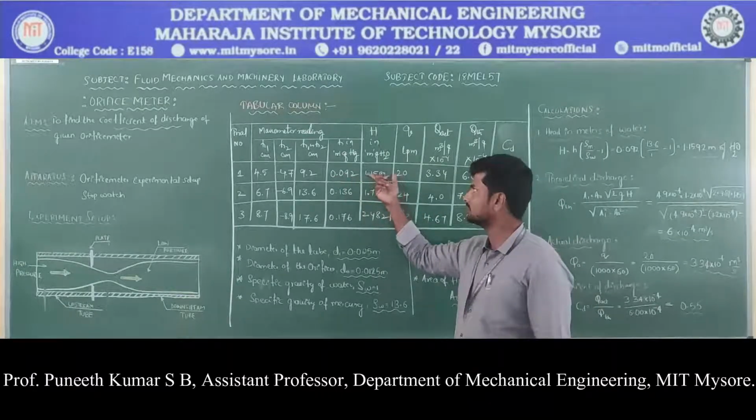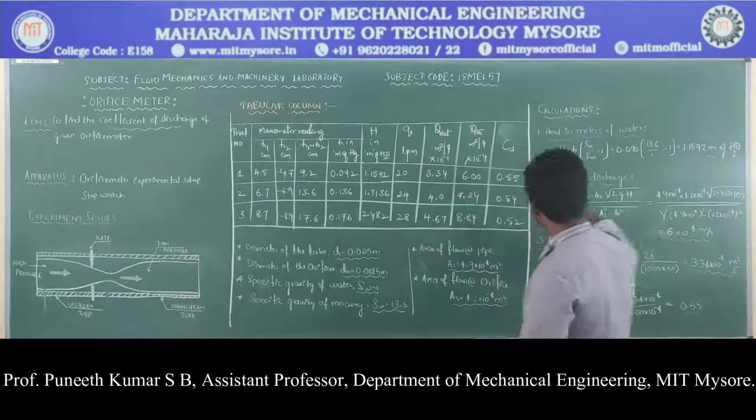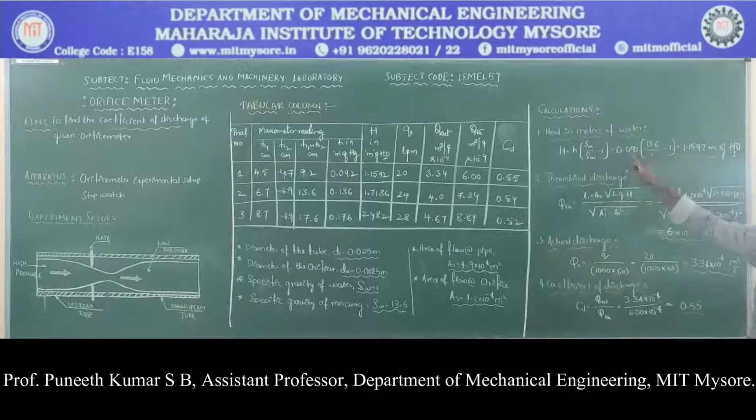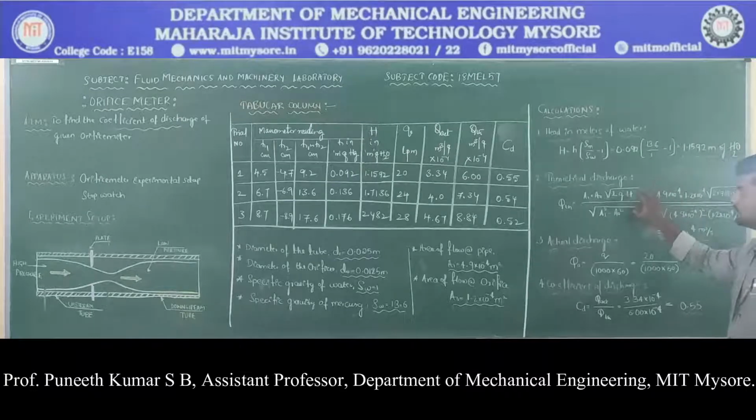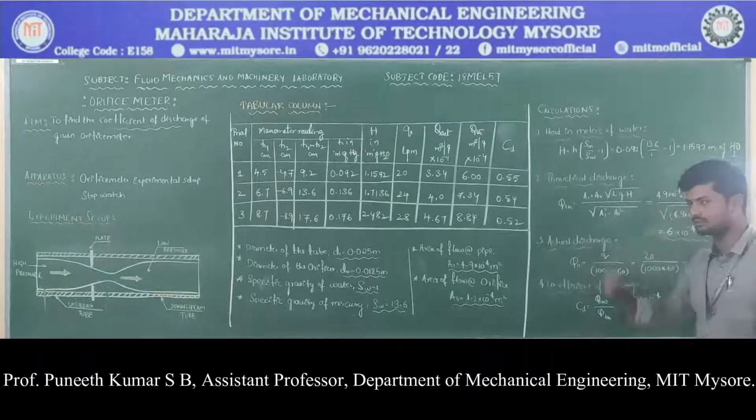The same value in terms of mercury was 0.092, and here it is 1.1592 meters of H2O. Once the head is known, this head in terms of water should be substituted into the theoretical discharge.